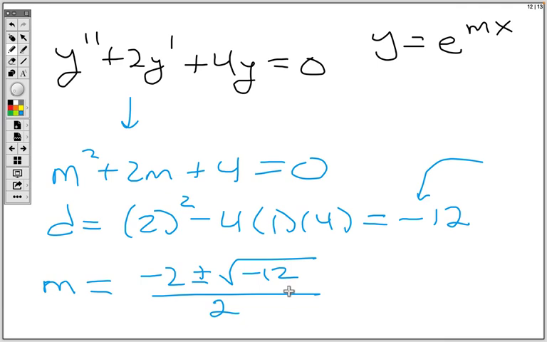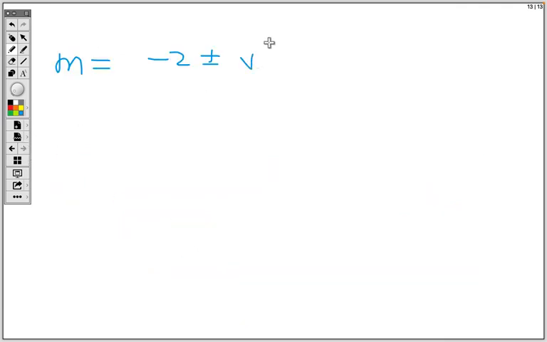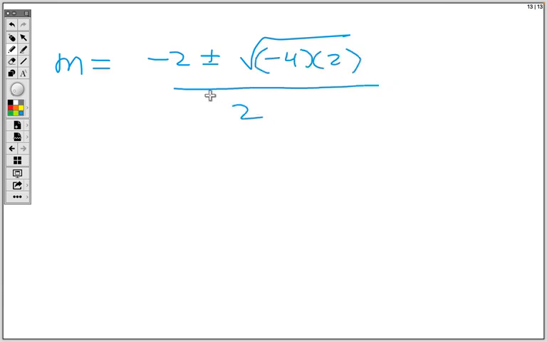First off, we need to correctly simplify the square root. So we need to break it down into factors. Here, let's just break it down. Let's do the -1, 4 and 2. Okay, now let's just go one at a time. The negative under the square root flies out.